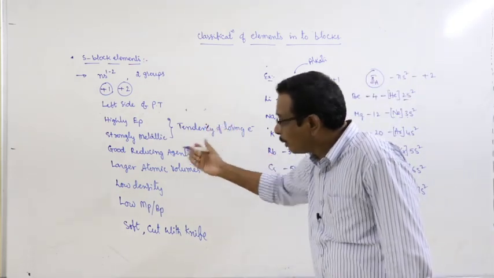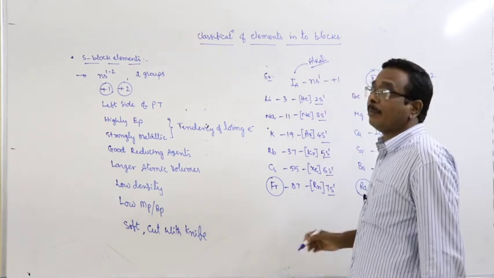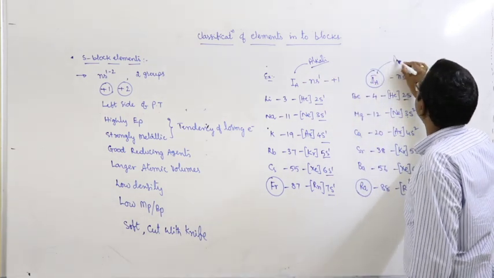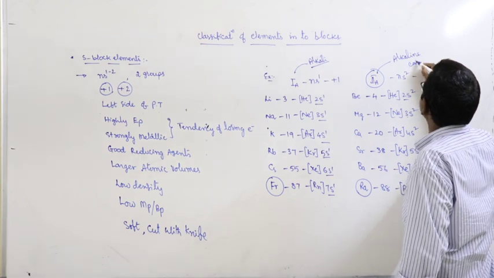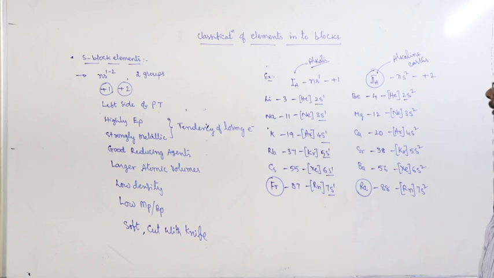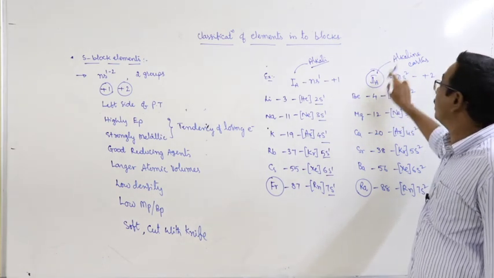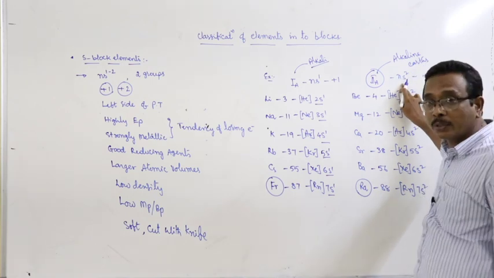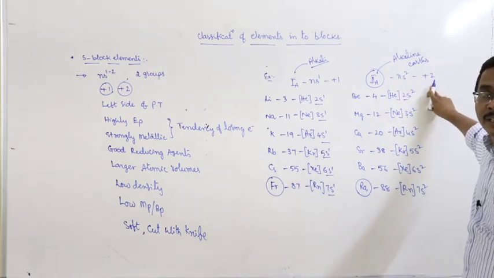They act as good reducing agents. Second A group elements are commonly known as alkaline earths. What is the general electronic configuration of second A group elements or alkaline earth metals? ns2. What is the general oxidation state? +2.